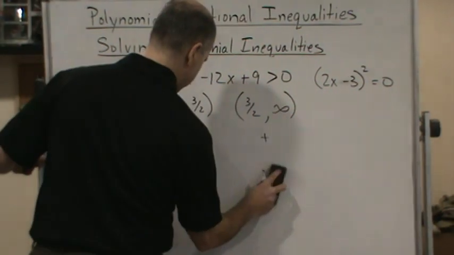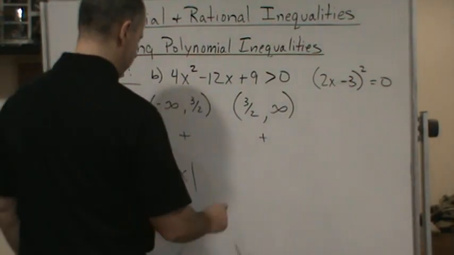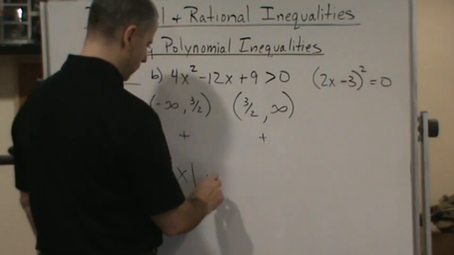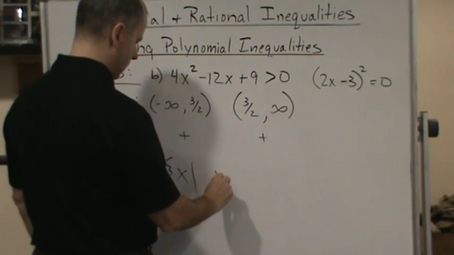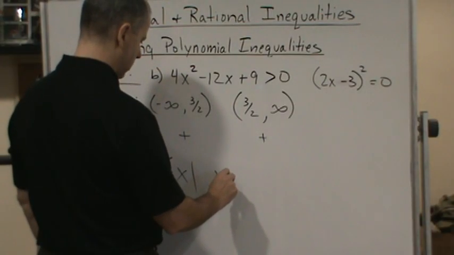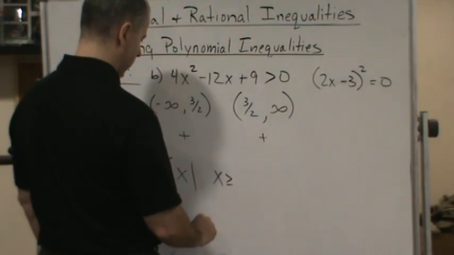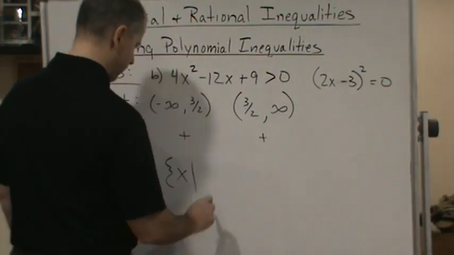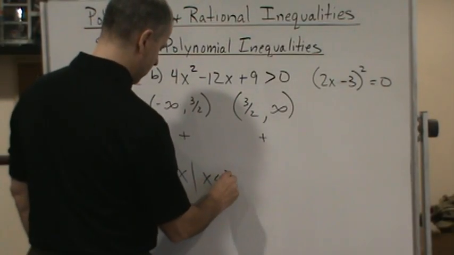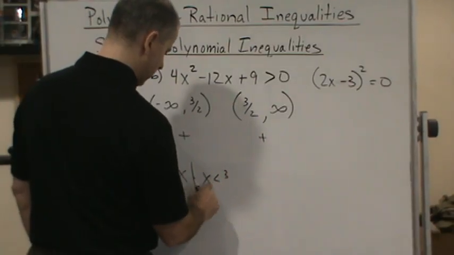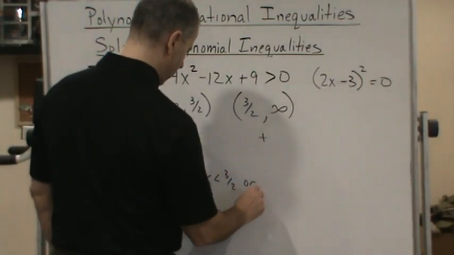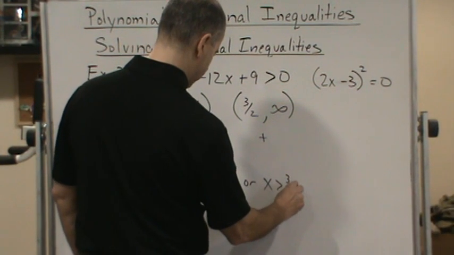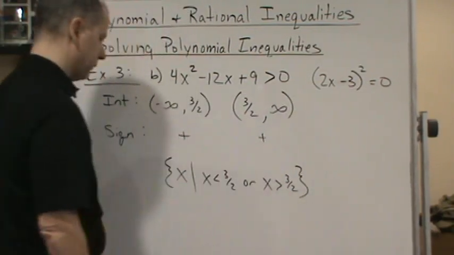Or I could write it this way: the set of all x such that x is less than 3/2 or x is greater than 3/2.